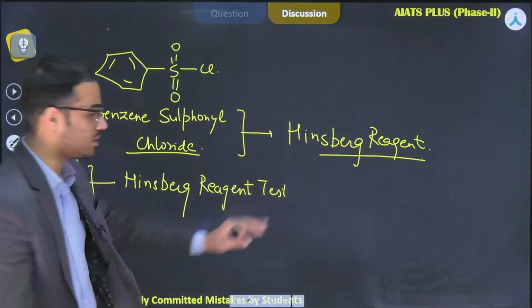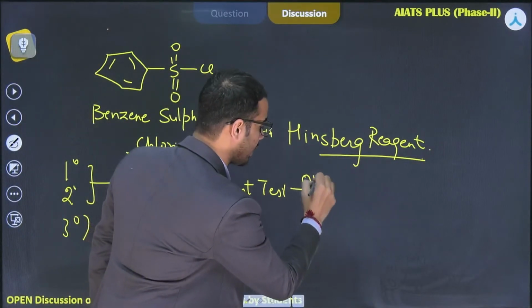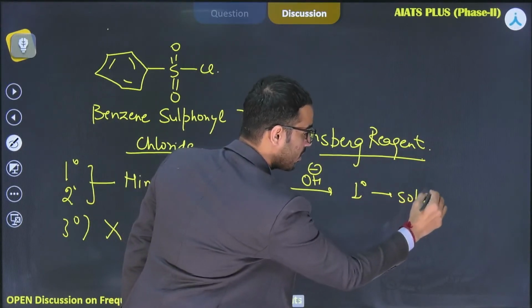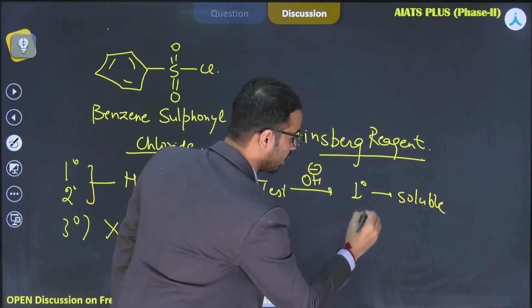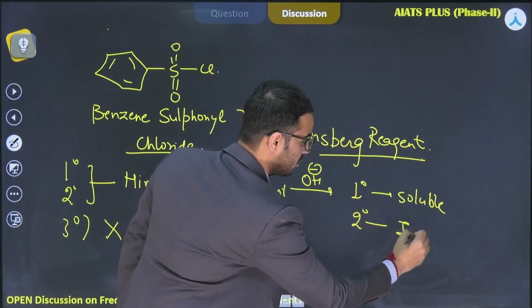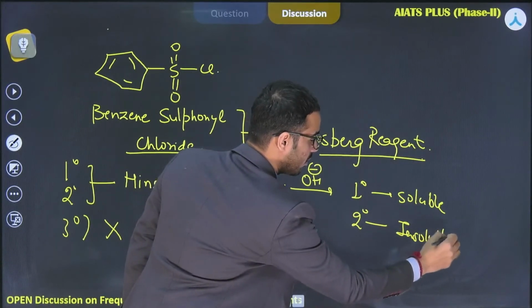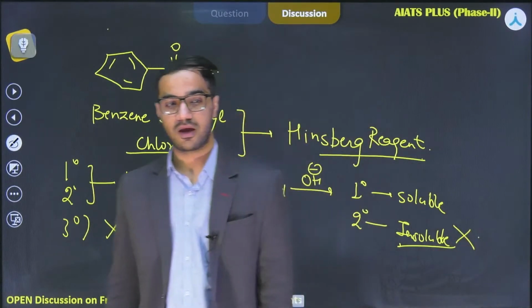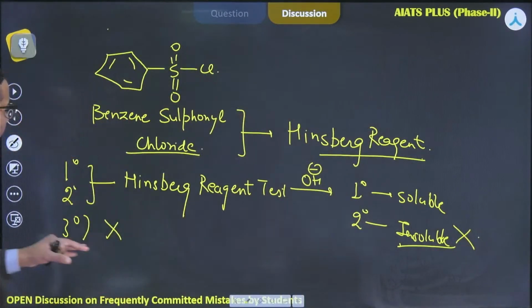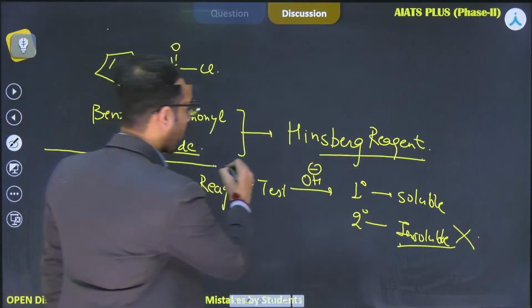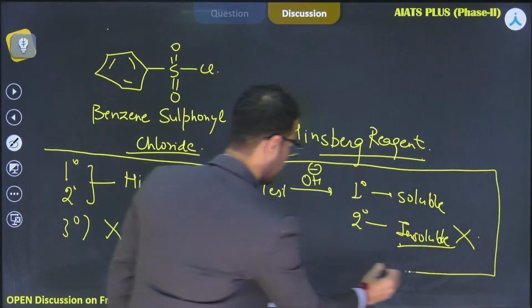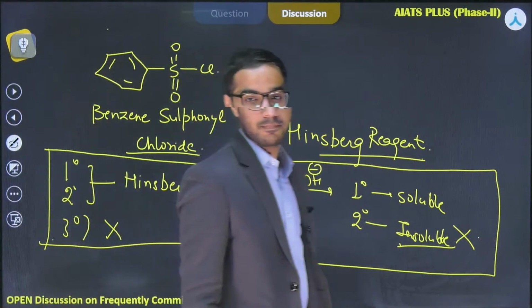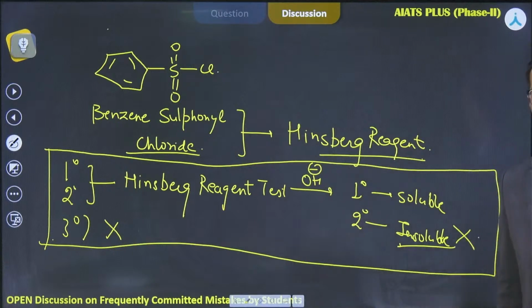And after doing this test, when OH negative is there, only 1-degree amine is soluble and 2-degree amine is insoluble. Or we can say that no reaction will take place for 3-degree. I hope this summary will help you in memorizing the whole Hinsberg reagent. I hope this is clear to you all.